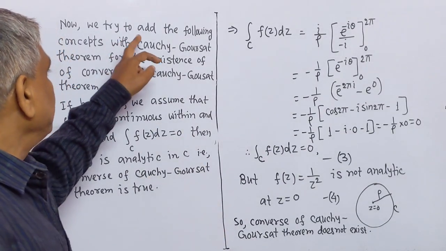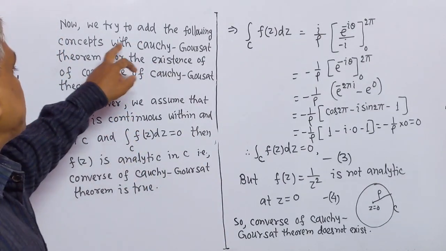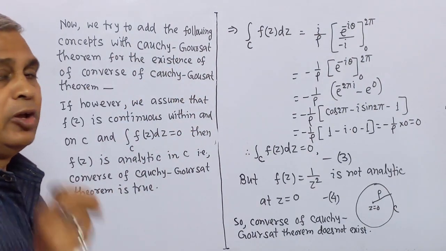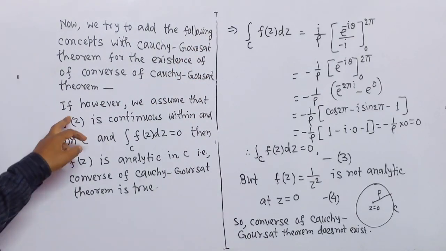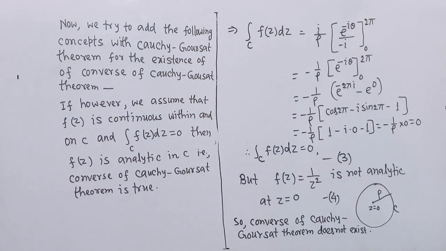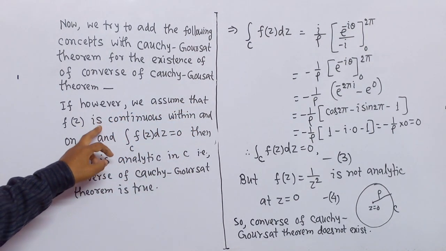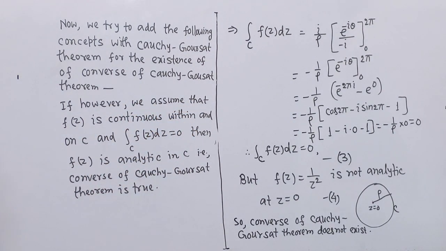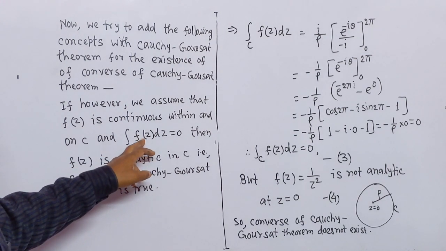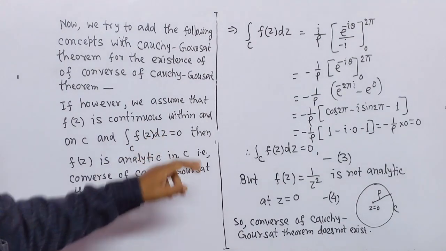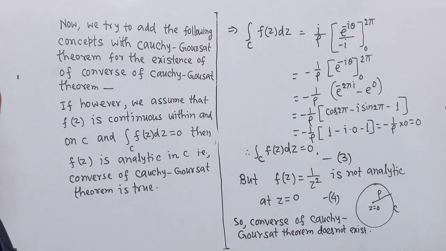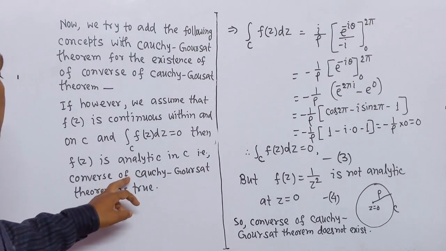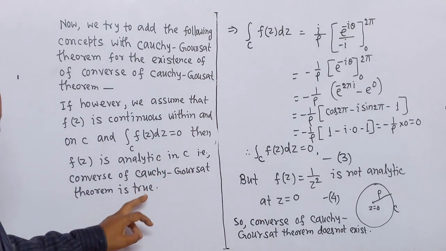Now we try to add the following concepts with Cauchy-Goursat theorem for the existence of its converse. If however we assume that f(z) is continuous within and on C and the integration of f(z) along C is 0, then f(z) is analytic in C, that is, the converse of Cauchy-Goursat theorem is true.